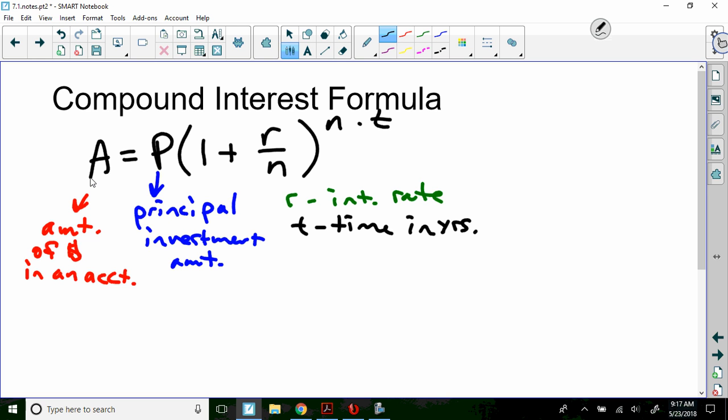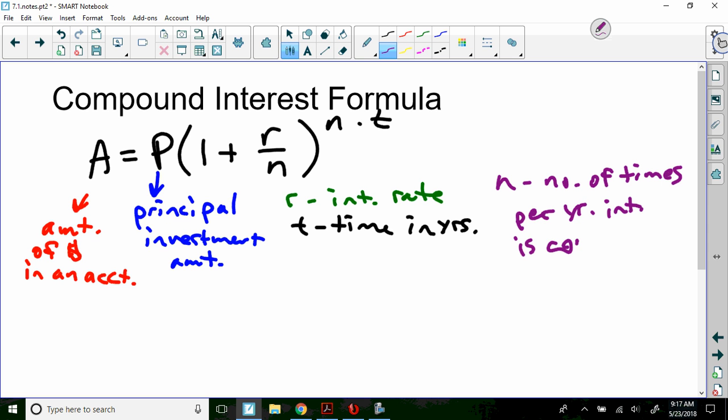I gave this quiz to my advanced class last week, and many of them bombed it. They bombed the second part because they didn't jot down what N is. N is the number of times per year interest is compounded.